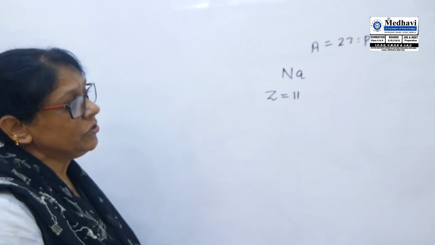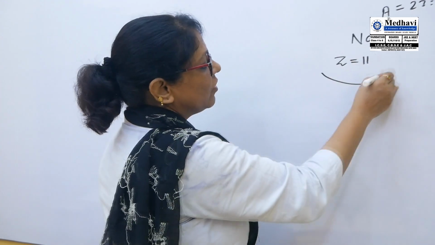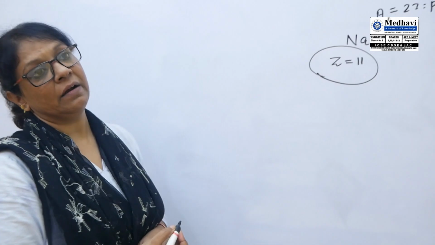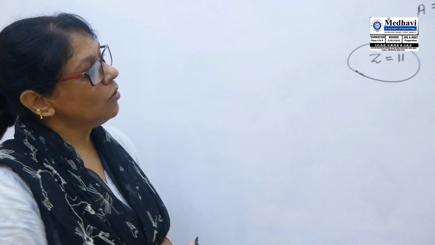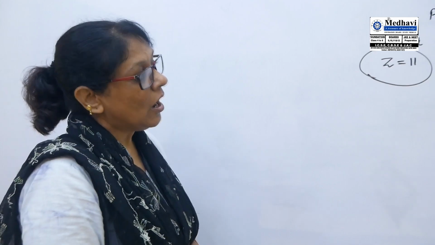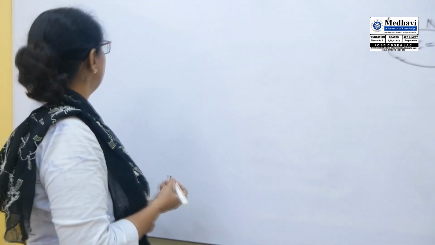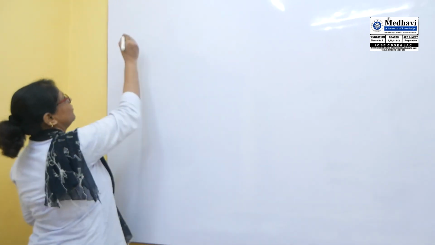When we discuss concepts related to valency, we need to focus on the atomic number of an element. So I am going to prepare a table, and on this table I will show how to find the valency of a given element. I am going to write 20 elements, that is the basic part of chemistry.